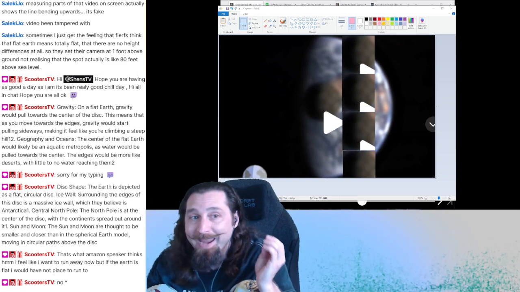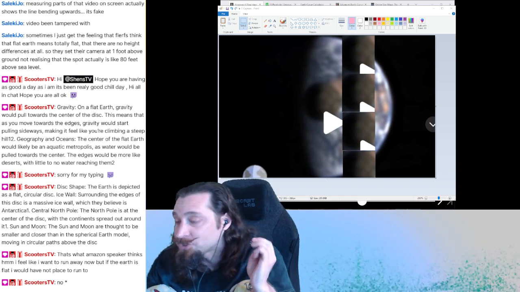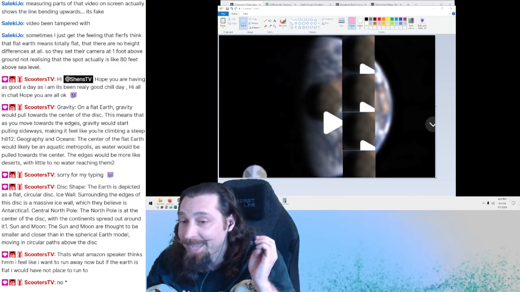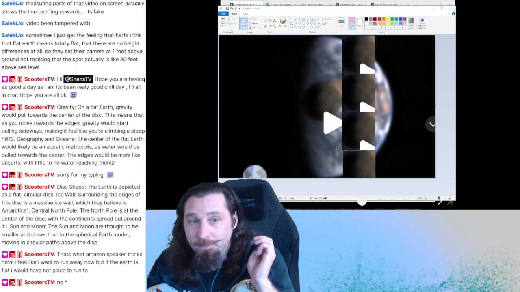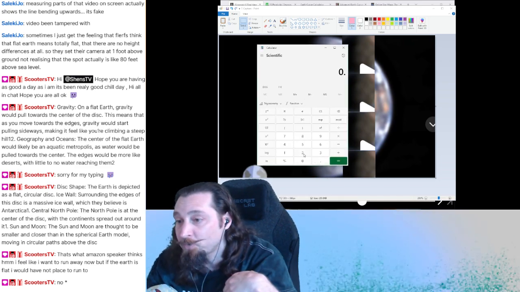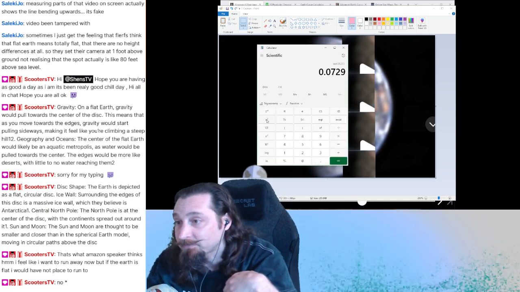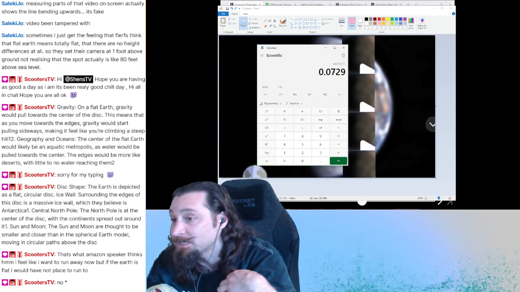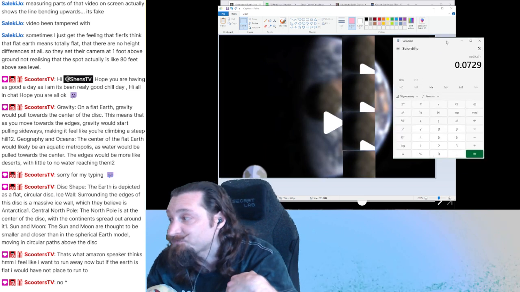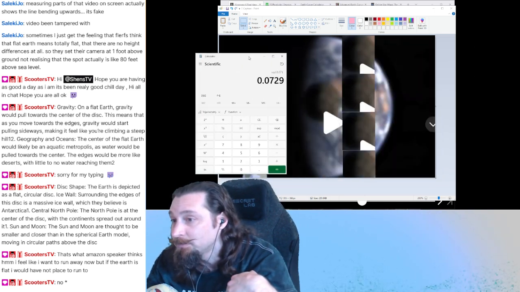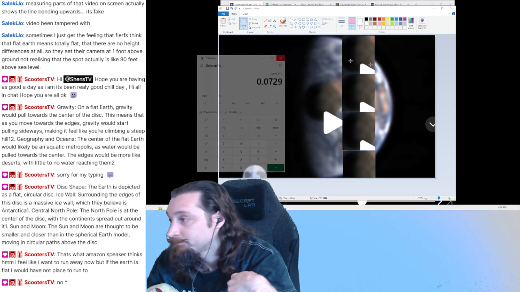When you square 0.27, you don't get 0.27. When you square 0.27, you get 0.0729, which means the surface area of the moon is going to take up 7% of the entire Earth, not 27%. You may talk now.